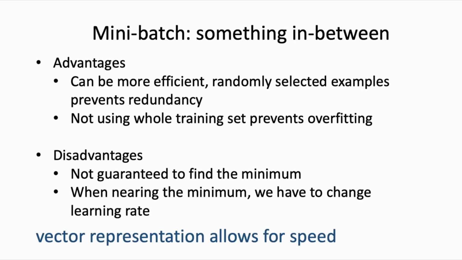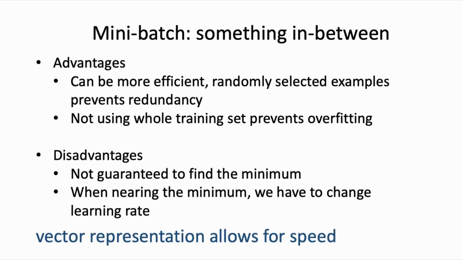Vector representations allow computers to apply computations to many data examples at once as fast as computing on a single data example. And you might wonder, why can't we use efficient vector representations for batch learning when we use the entire data set? Well, it's because the entire data set is usually too large to represent as a vector in computer memory. But for mini batches, this is possible, and we can take advantage of this efficiency.